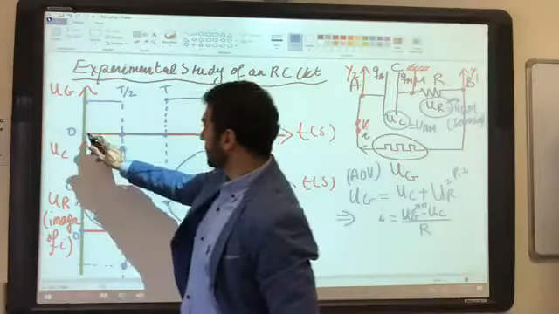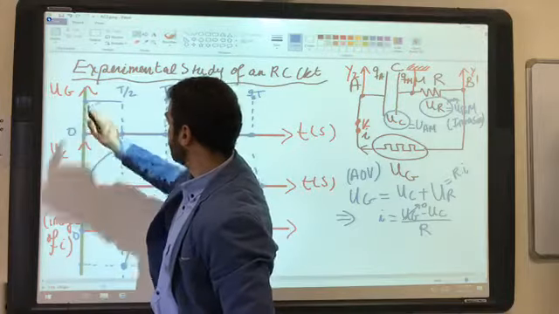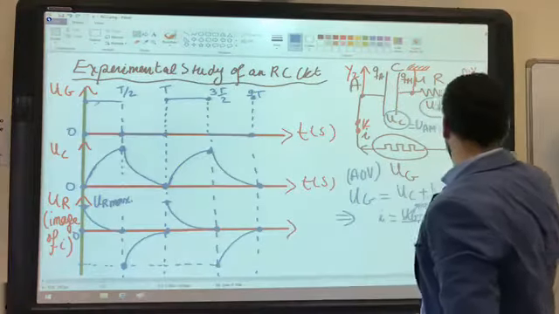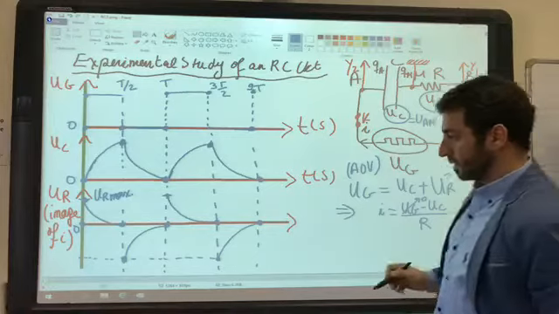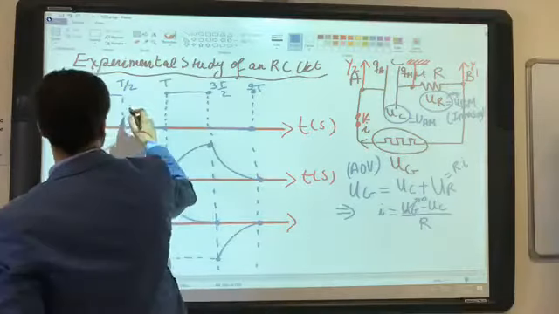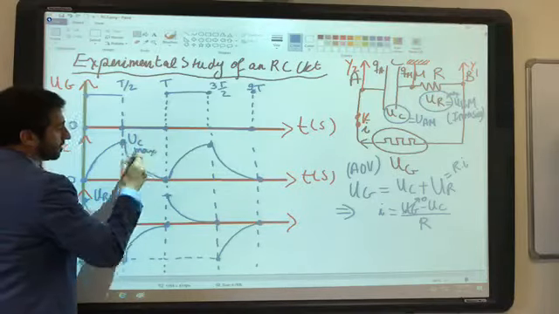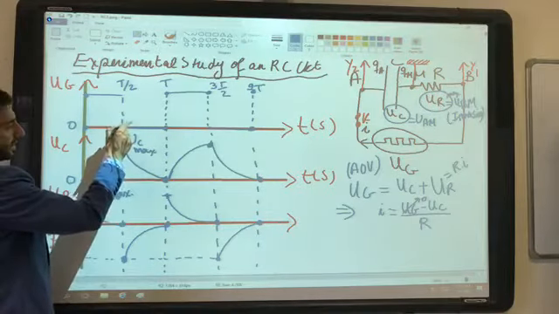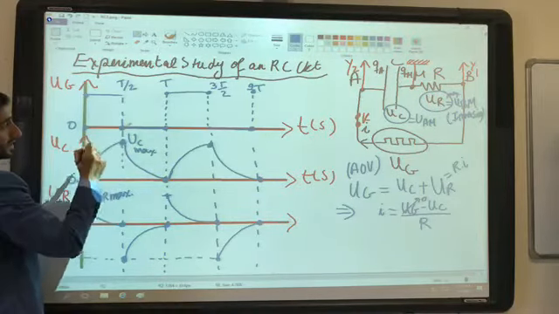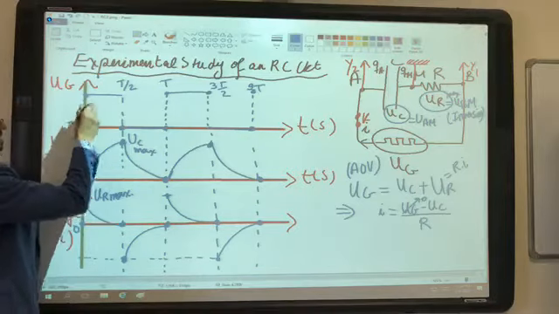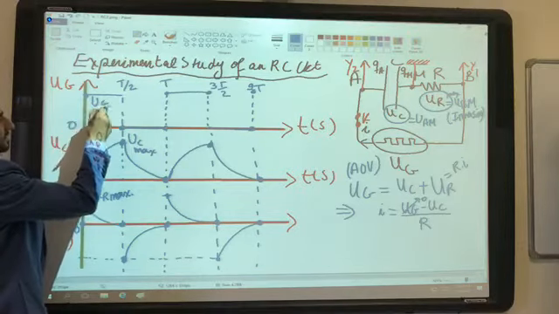So at T0 equals 0, here we have UG. So we're going to go here. This is UC max. Here at T equals T over 2. At T0 equals 0, UG max.